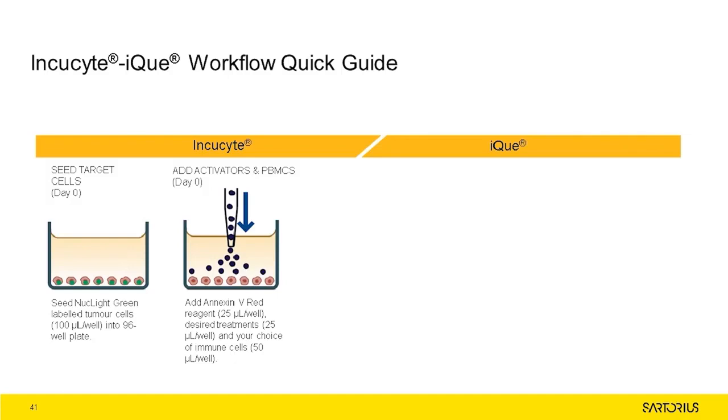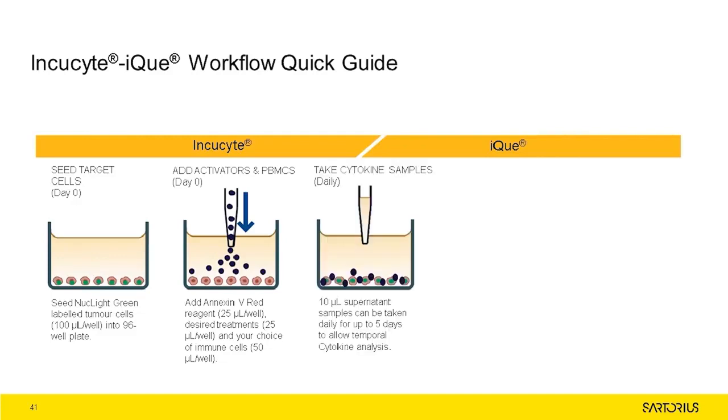Activators and effector cells are added next, and if desired, Annexin-V red in order to monitor apoptosis. Once the experiment is set up, it can then be placed into the IncuCyte for imaging. During imaging, 10 microliter samples can be taken from the supernatant in order to collect temporal data on cytokine release. Because this sample size is so small, a number of samples can be taken without affecting the assay itself.